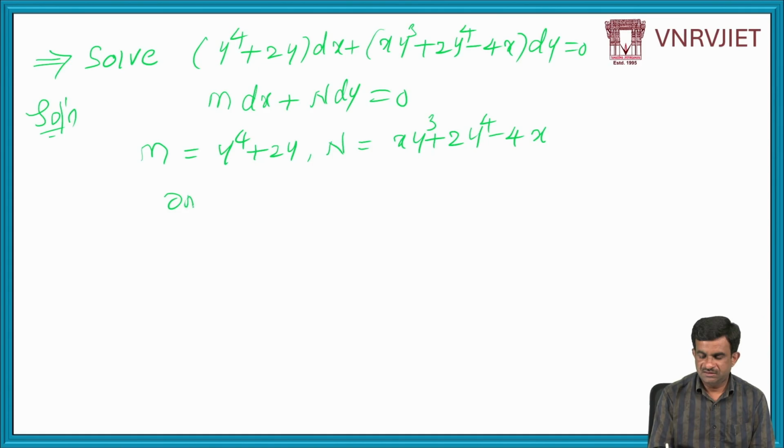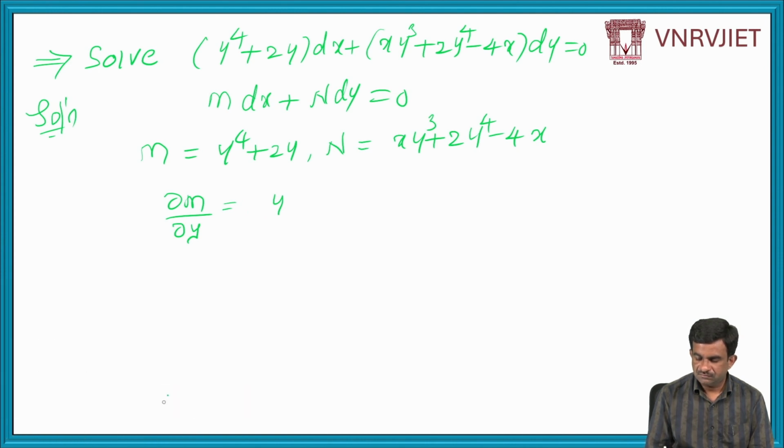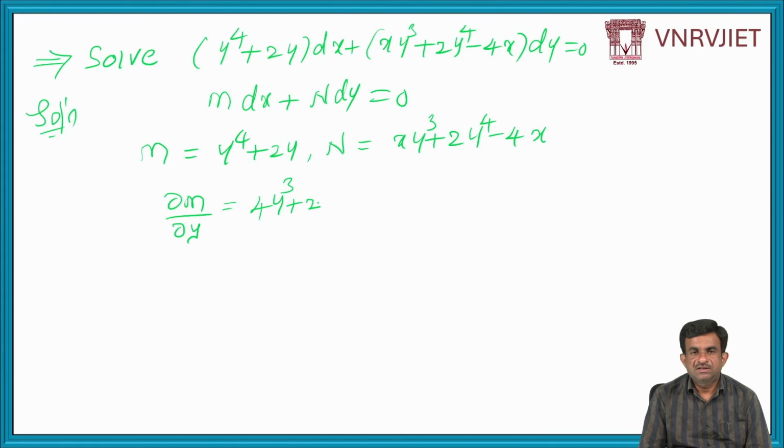Let us verify the condition for exactness, that is ∂M/∂y and ∂N/∂x, whether they are same or not. Here ∂M/∂y, the differentiation of M with respect to y, is 4y³ + 2.